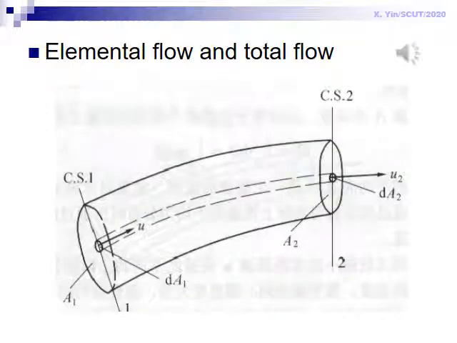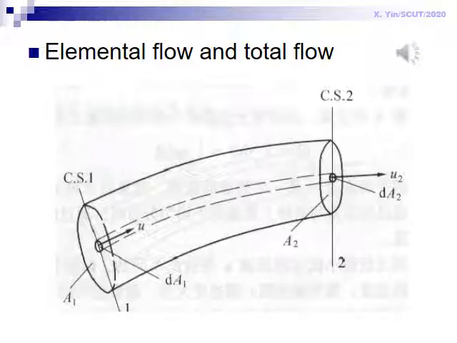Next is elemental flow and total flow. Elemental flow or stream tube flow is the flow in the infinitesimal stream tube. It is the smallest unit of fluid flow. All elemental flows within the boundaries make up total flow.